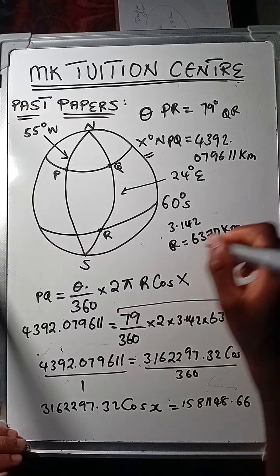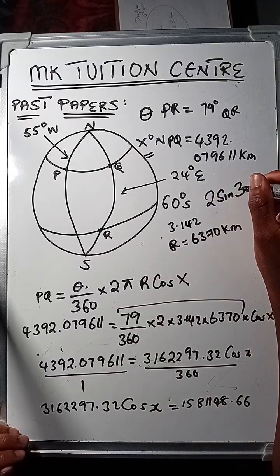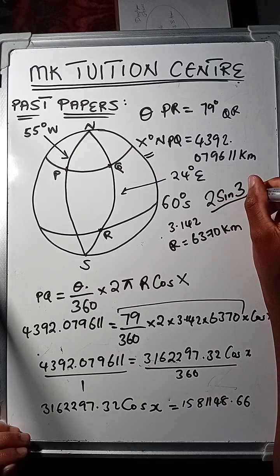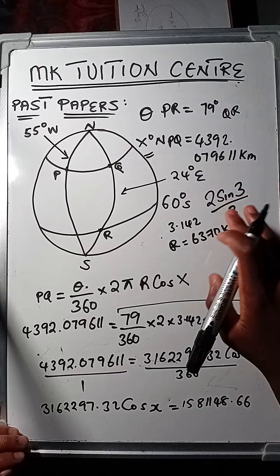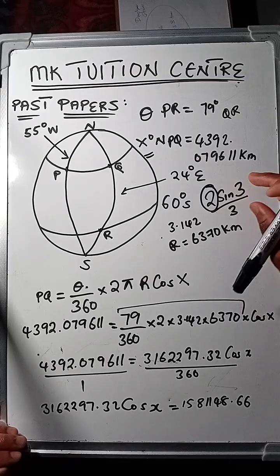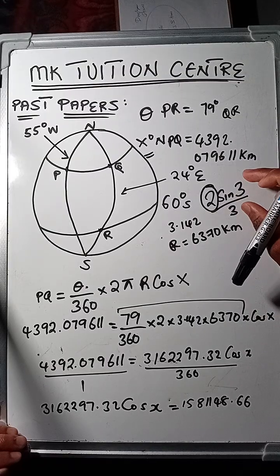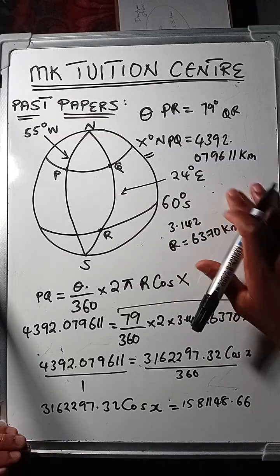So when you have, let's say, 2 sine 3, you can divide by 3. What can be divided here is the number in front. We're going to find time and see how these are simplified. For now, let's just do this question straightforward.